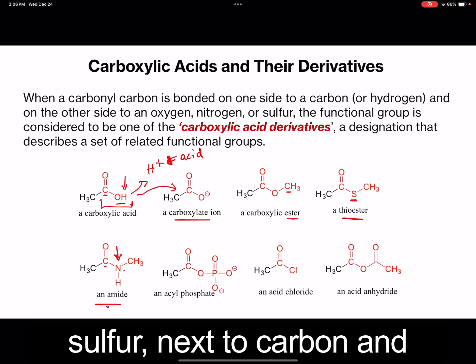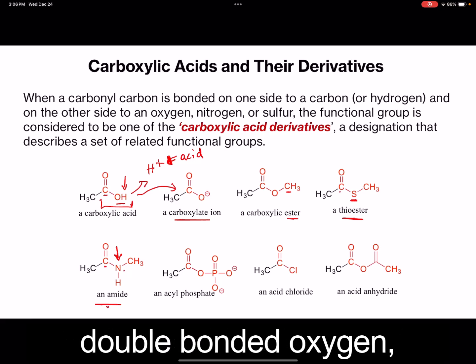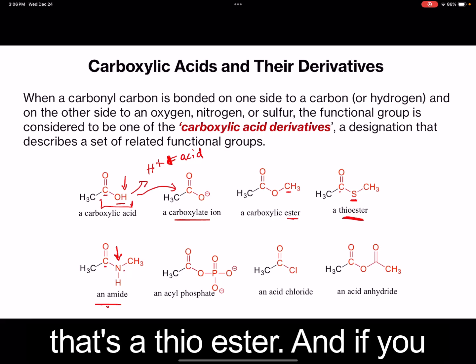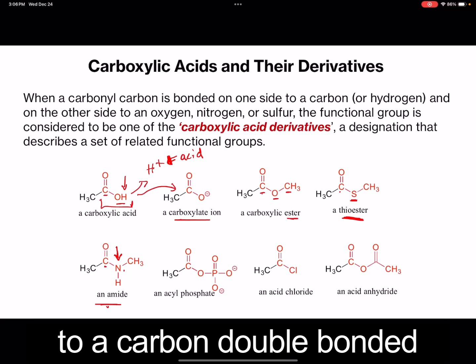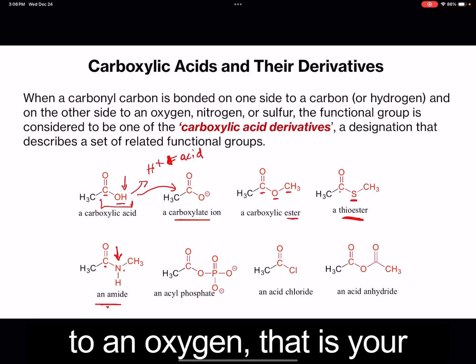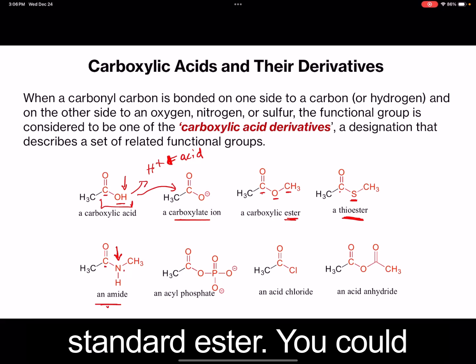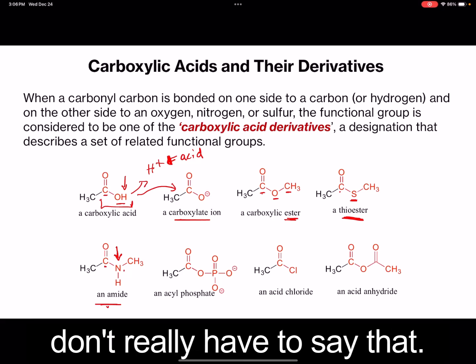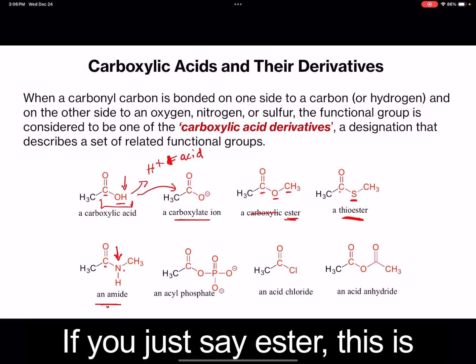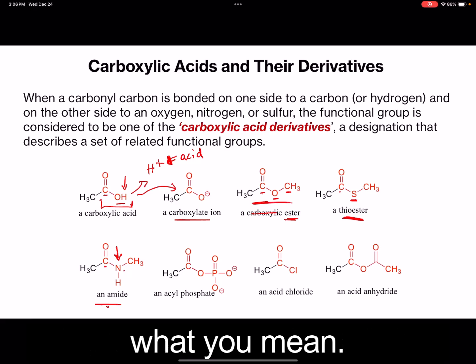If you see sulfur next to a carbon and double bonded oxygen, that's a thioester. And if you see carbon and oxygen next to a carbon double bonded to an oxygen, that is your standard ester. You could call it a carboxylic ester, but you don't really have to say that. If you just say ester, this is what you mean.